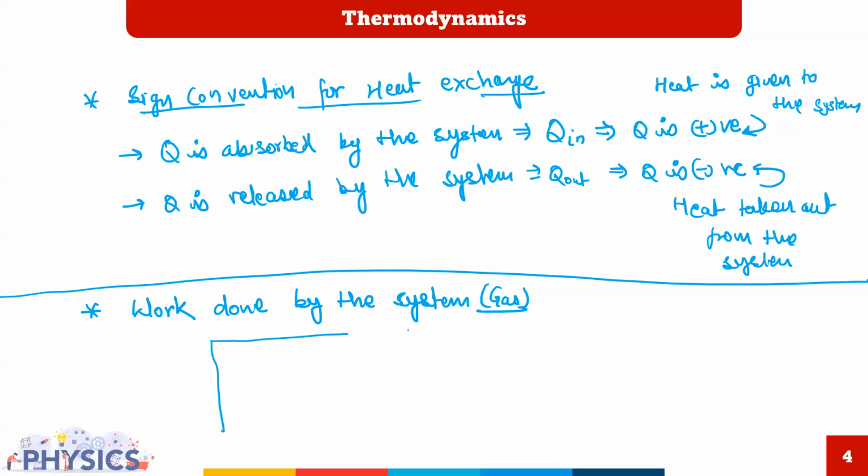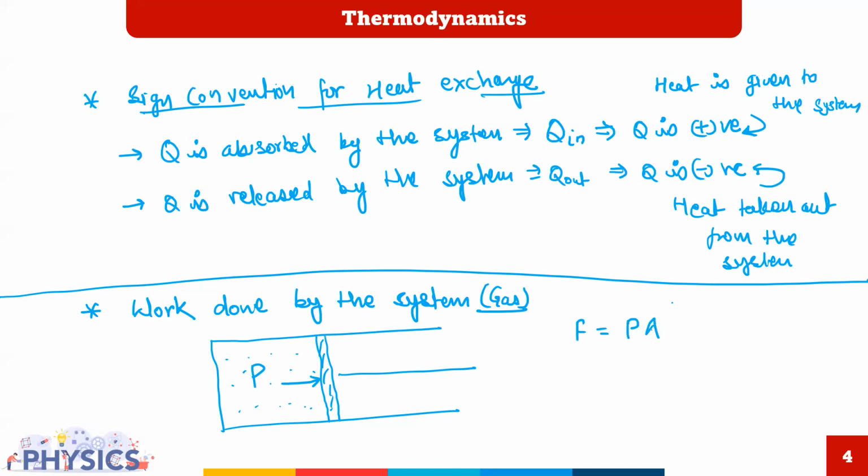So suppose you have a gas in a piston which was initially in this position. Inside this container, you have a gas. Pressure of the gas is P right now. Due to this pressure on this piston, there will be a force F. This force F, I can write as pressure of the gas into cross-sectional area of this piston.